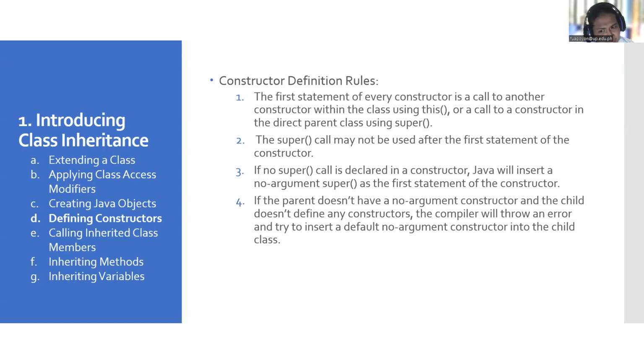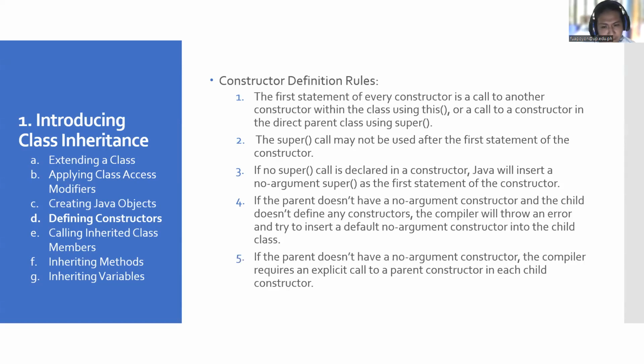We'll see more of this later as examples because it's a bit harder to grasp with just words. Lastly, 5, if the parent does not have a no argument constructor, the compiler requires an explicit call to a parent constructor in each child constructor.